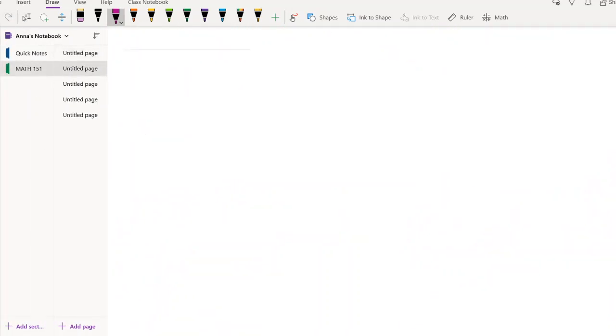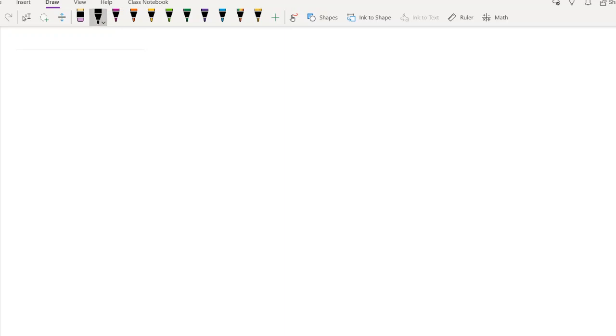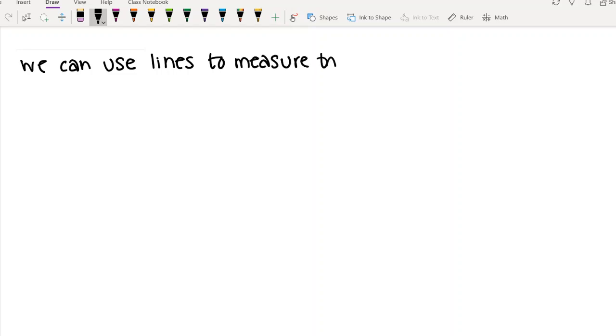Open a new page here. Okay, so again, I'm just going to draw a function. So actually, let me first write down what I just said, which is that we can use lines to measure the rates of change of nonlinear functions.